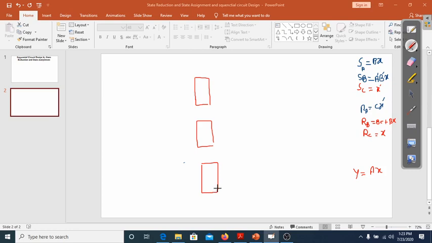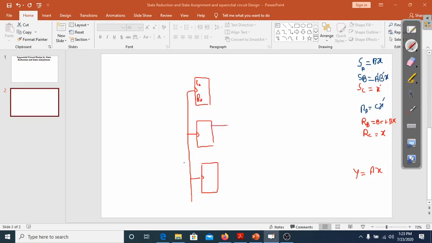These have a common clock pulse, and each flip-flop has 2 inputs, S and R. So this is SA and RA.